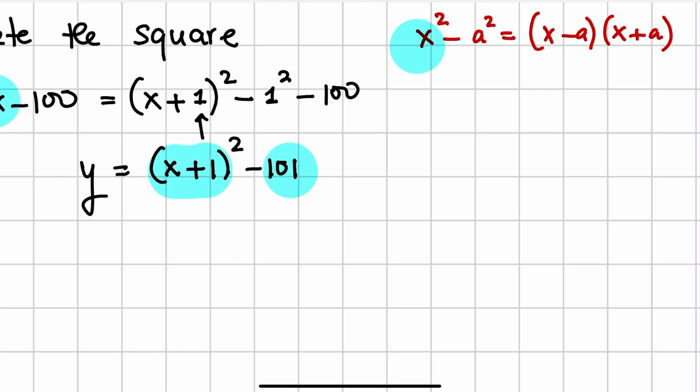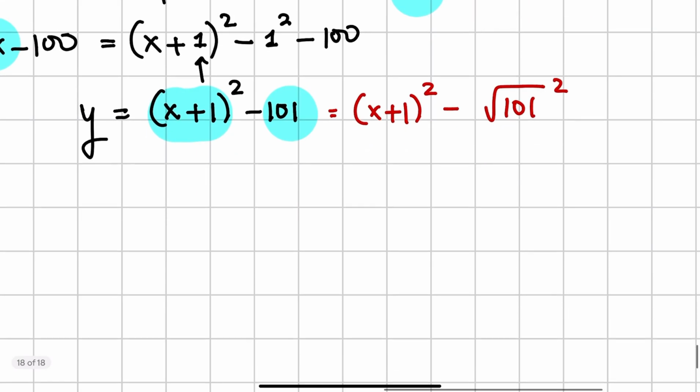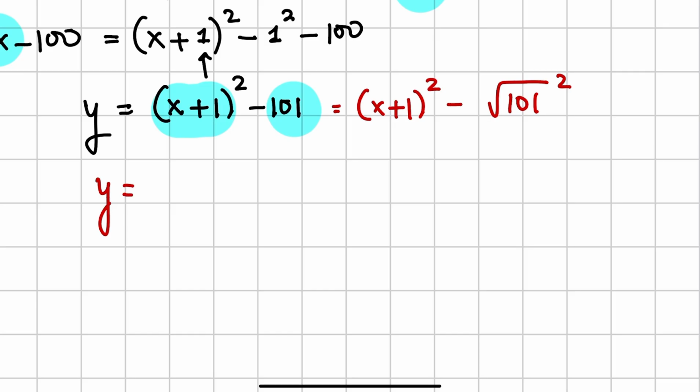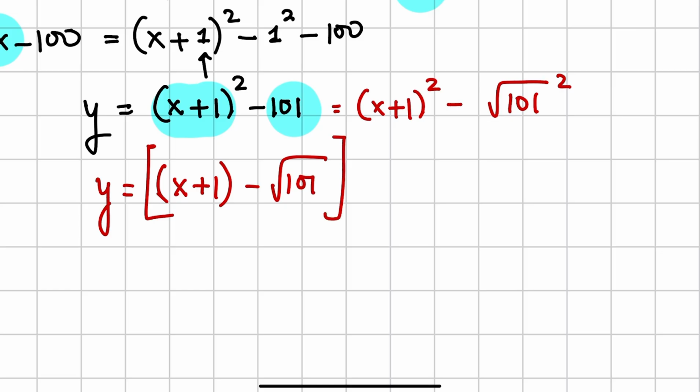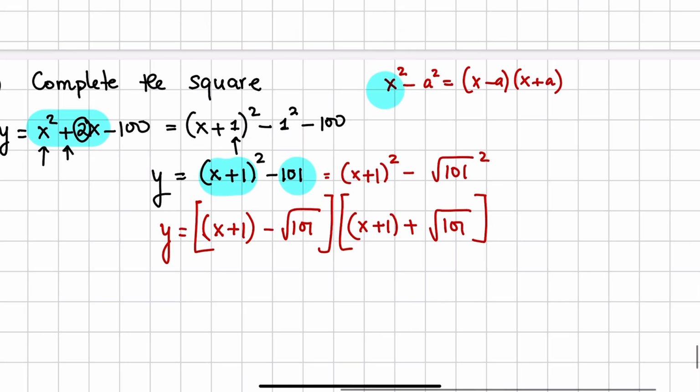I think we can. It's going to be (x plus 1) squared minus (square root of 101) squared. See? And then we can apply that. So y equal to (x plus 1 minus square root of 101)(x plus 1 plus square root of 101). That's it. We can factorize it.